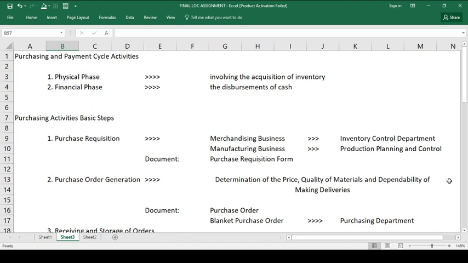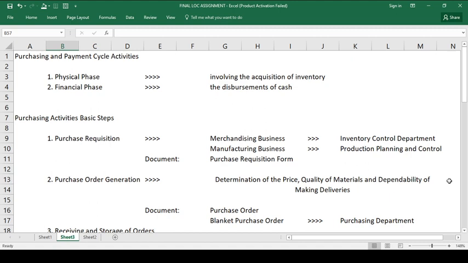Okay? So, the purchasing activities basic steps begins with the purchase requisition. Okay? In purchase requisition, ito yung step wherein we try to determine what are the required inventories, or if it is a supply, what are the supplies needed.